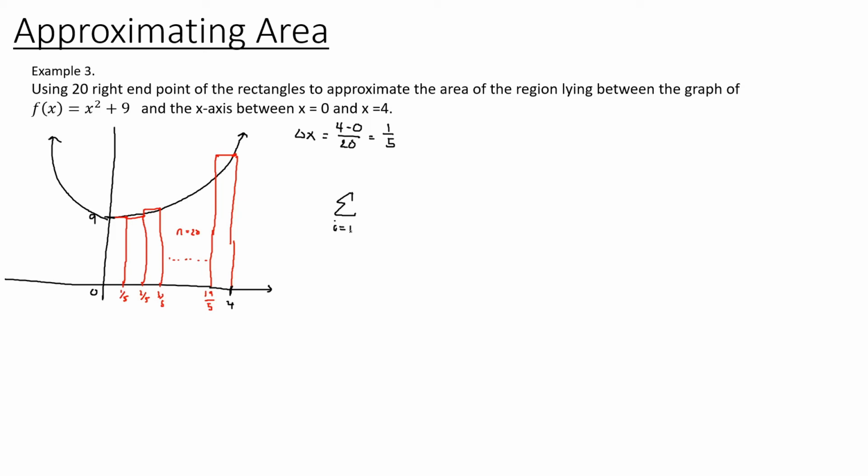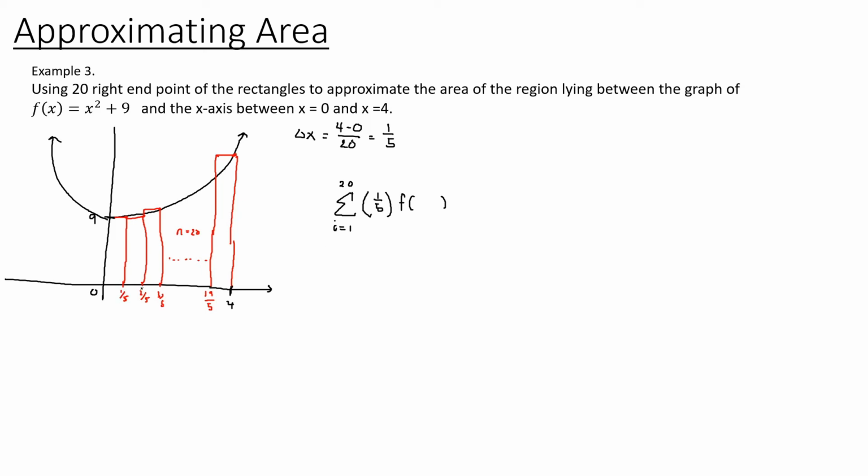So i equal to 1 represents the first rectangular shape, and we're going to try to calculate this for 20 of them. And we know that they have a width of 1/5. And now we just have to figure out the length. Again, the length starts at 1/5.